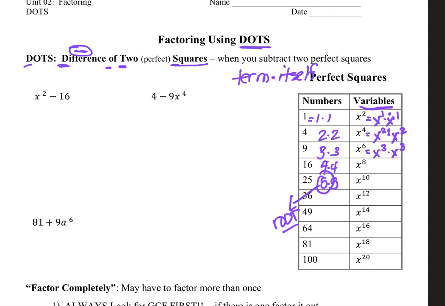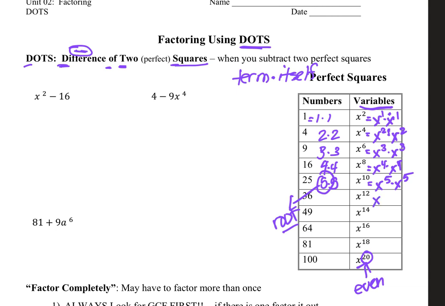What you might notice is that the exponent has a very special thing happen to it: the exponents of perfect squares are always even. If you have a variable that's a perfect square, its exponent is always even.